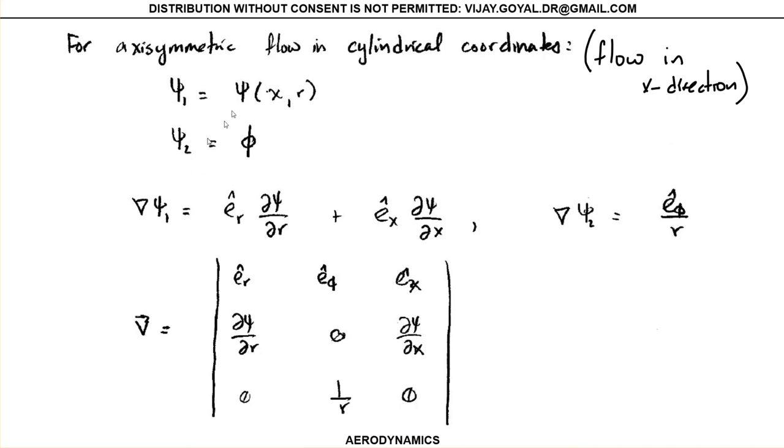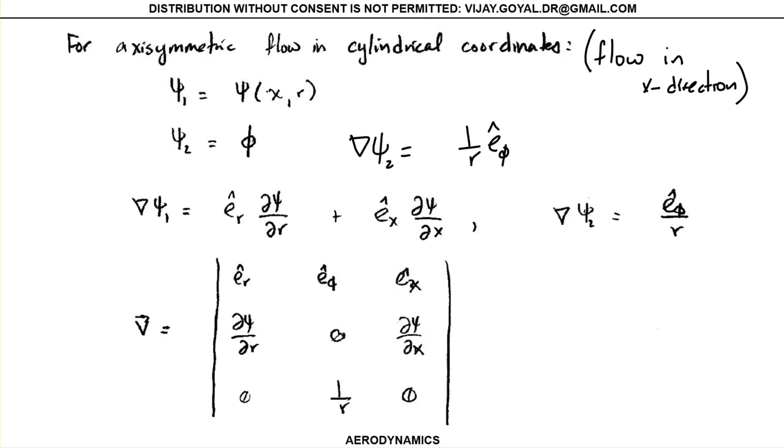So if this was the case I'm working with, psi1 was equal to this, psi2 is equal to this, and take the gradient, you can see that the gradient of psi2 will be nothing else than 1/r e phi. You can do this whole derivation for yourself, and you can show this is what you get.